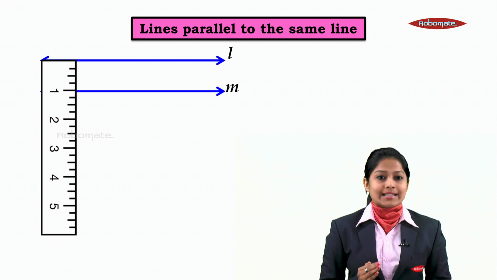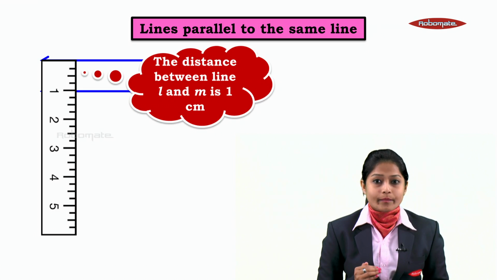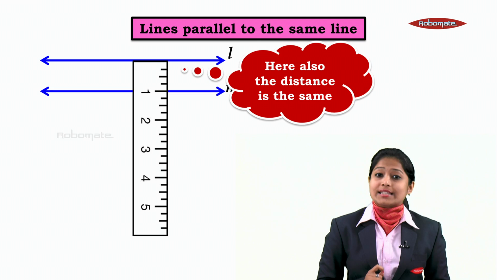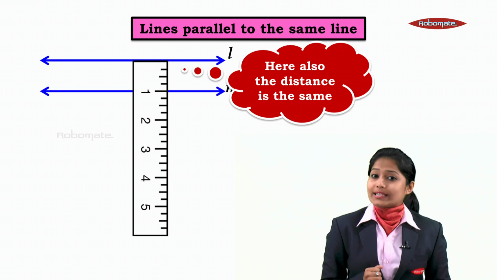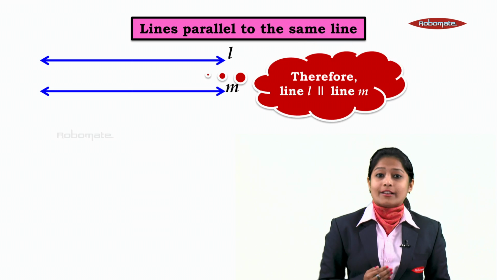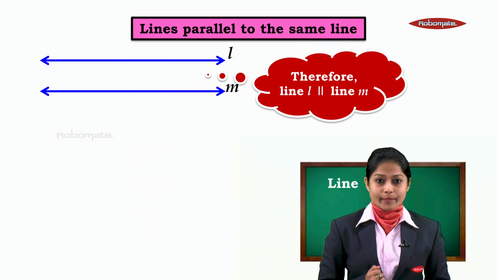Again, let us measure and see if the distance is same. And we find out that here also the distance is same, that is 1 centimeter. Therefore, line L is parallel to line M.